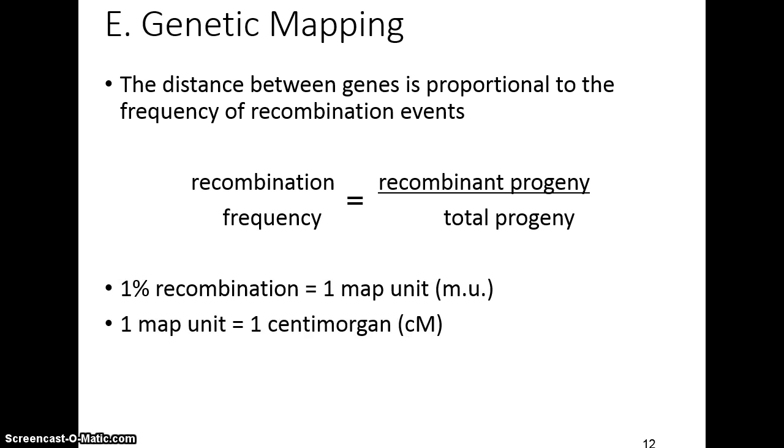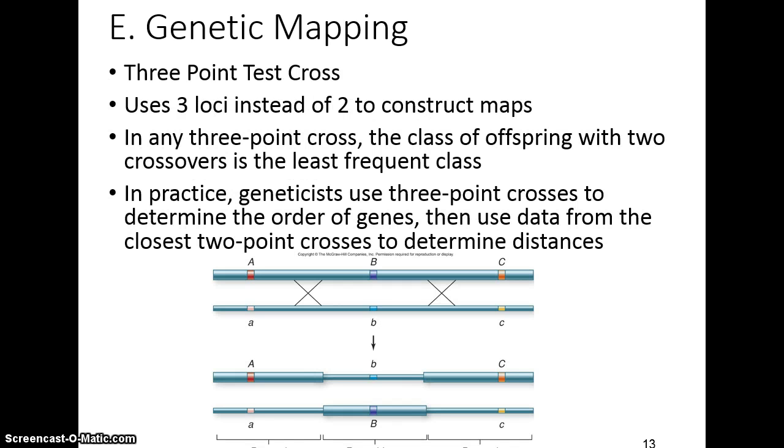And he came up with a unit called a map unit, or also called a centimorgan, so named after his advisor, Thomas Hunt Morgan. So there are a couple different tests you can do. You can do a 3-point test cross, which is basically looking at how close 3 genes are on a chromosome.